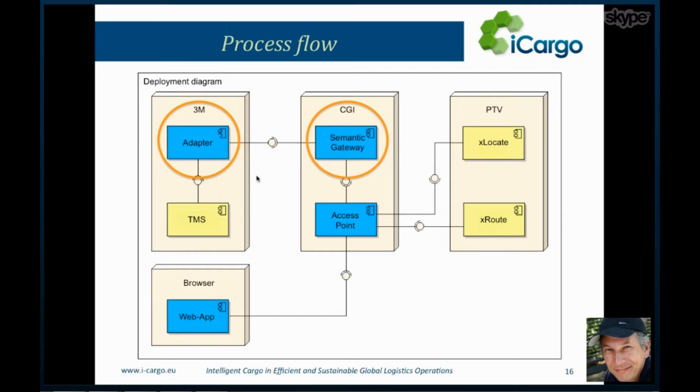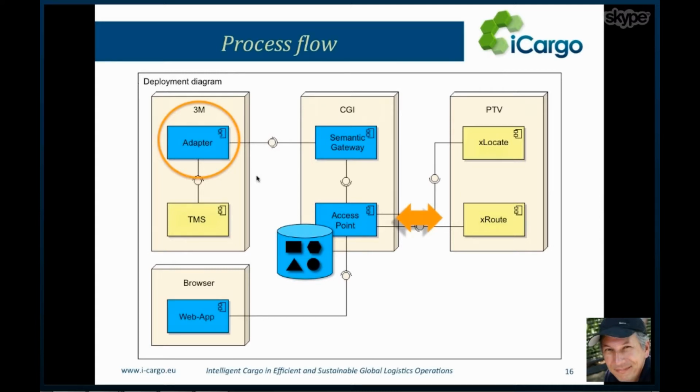This semantic gateway decomposes the transport instruction into the smallest information elements, where an information element provides information about a shipment, a consignment, and each logistic unit. This decomposed information is sent to an access point, and there all this information is stored as different digital shadows of each entity.